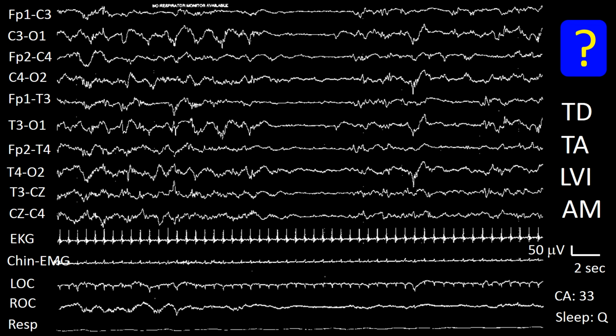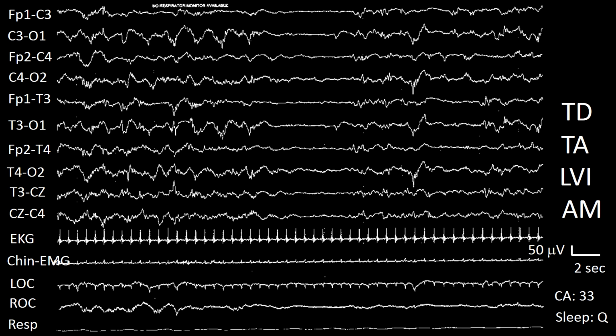Next question. Please look at this epoch and choose the best answer. The choices are tracé discontinu, tracé alternant, low voltage irregular, and activité majeure. The pattern present in this epoch is discontinuous.